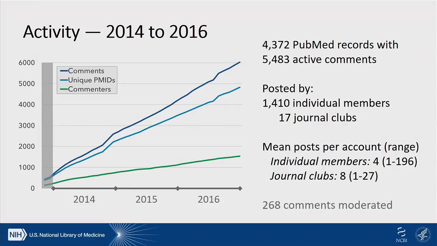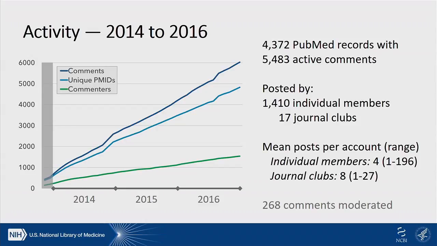On this slide, the graph on the left, going from top to bottom, shows the accumulation of comments, publications with comments, and unique accounts posting comments since the inception of PubMed Commons. The data summarized on the right-hand side is limited to the period of January 2014 to December 2016.